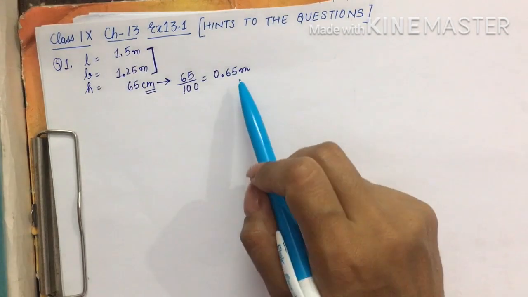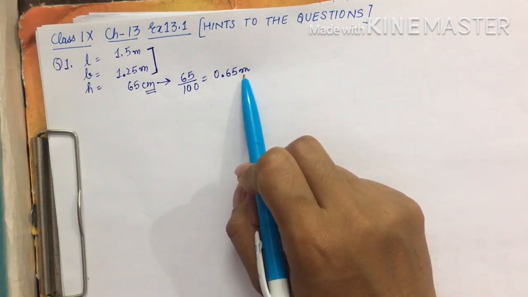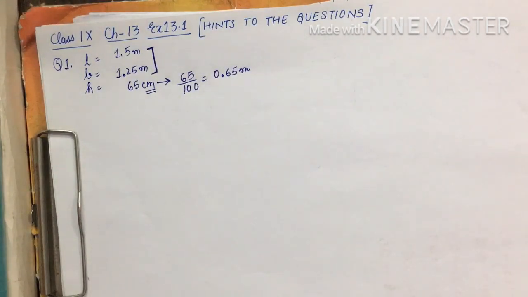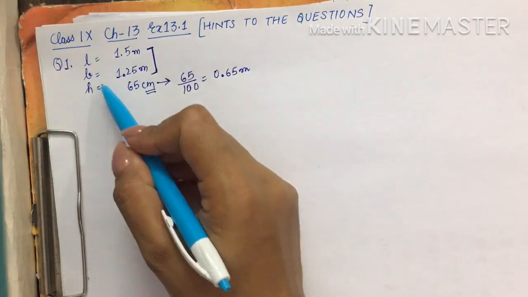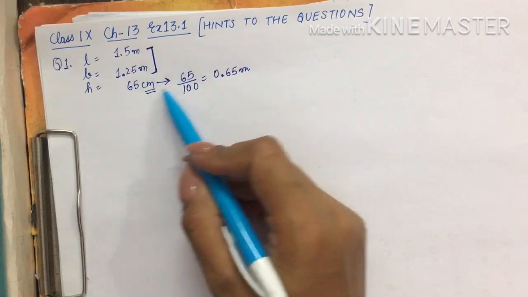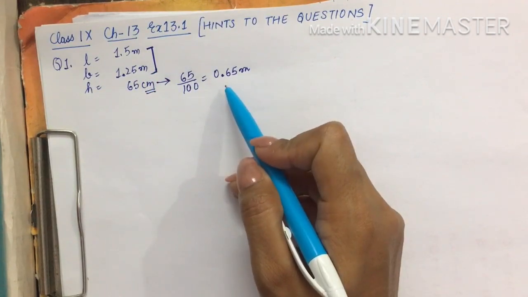Now why I have preferred to convert in meters: later in the question, in the second part, you can see that the cost has been given for 1 meter square. The cost will depend on meter square area. So I need to find out the area in terms of meter square. That's why I need the values in meters. Length and breadth were already in meters. I've converted height also into meters.